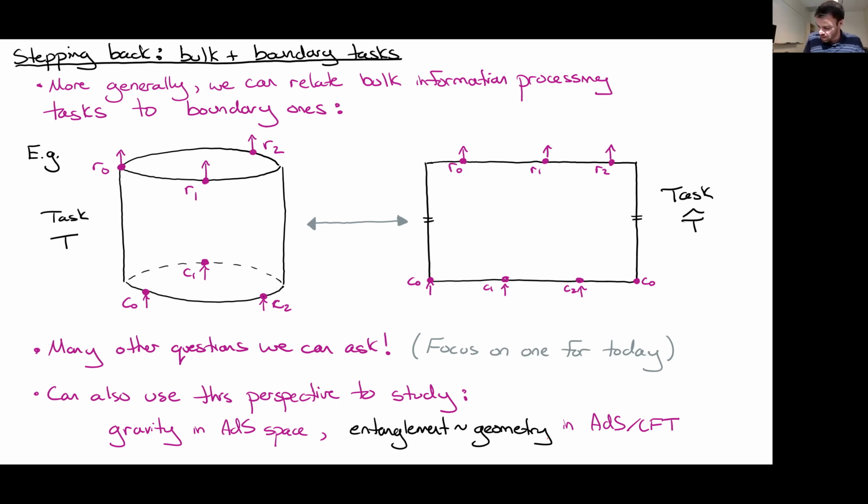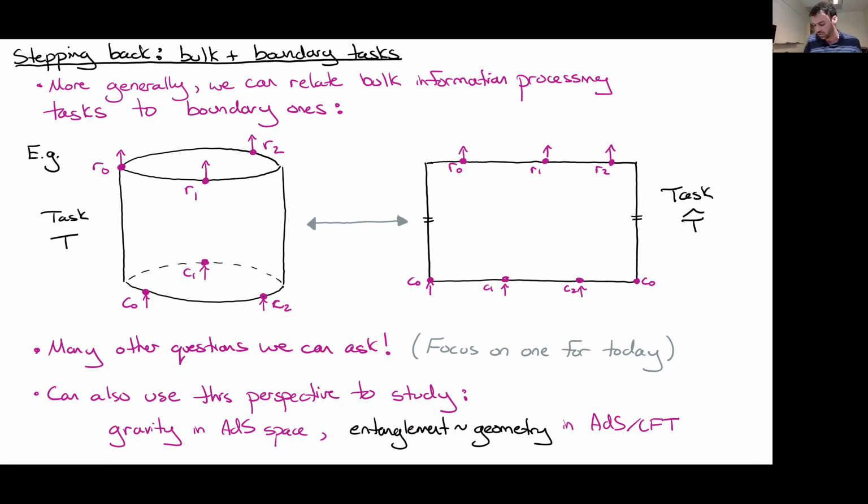Another comment is that this same perspective of thinking about operational information processing tasks from the bulk perspective and relating them to equivalent tasks in the boundary perspective is a tool that my collaborators and I have been using in other contexts.